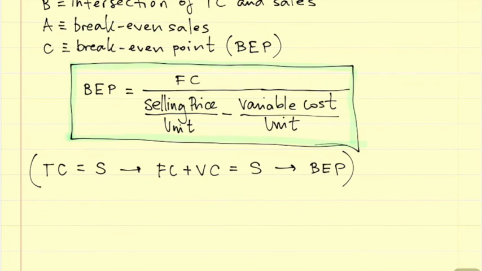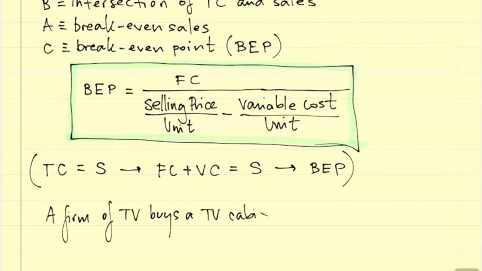An example: imagine a TV firm buys a TV cabinet for 500 euros each.